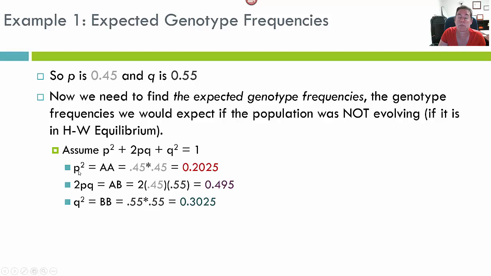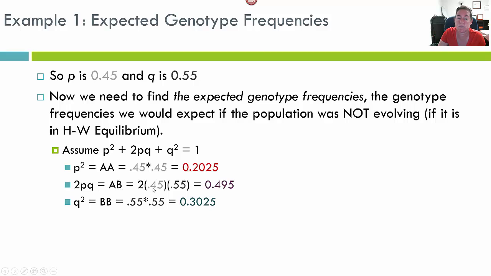P squared, remember, equals the frequency of the homozygous dominant genotype, which in this example is AA. We know that the frequency of A equals 0.45, so 0.45 times 0.45, because it's P squared, equals 0.2025. The frequency of the heterozygote is 2PQ, which in our example is the AB genotype.